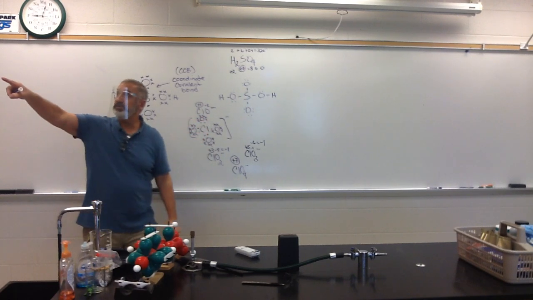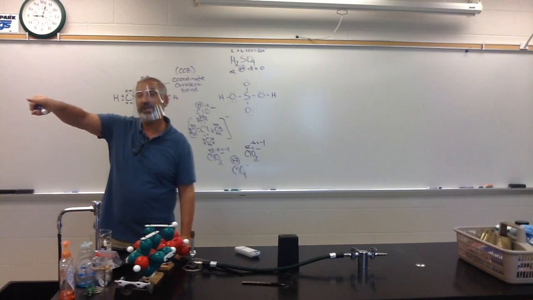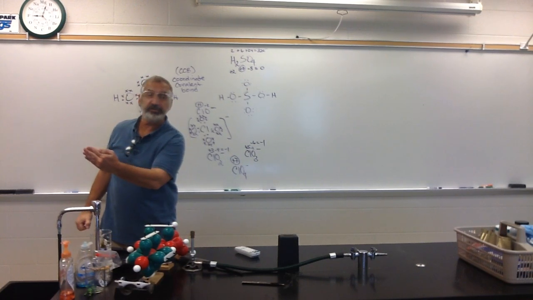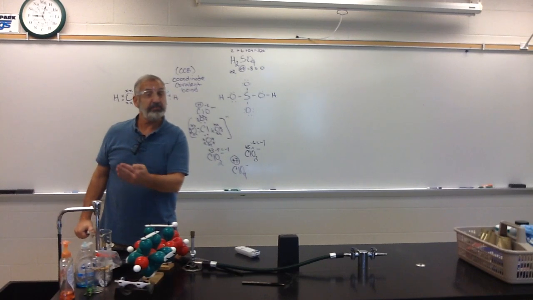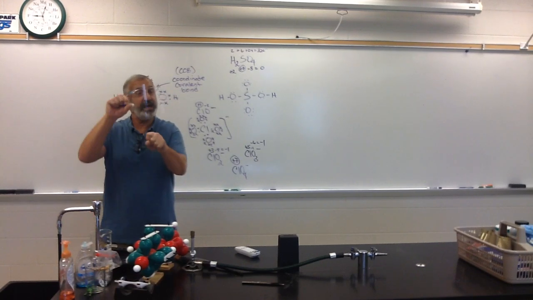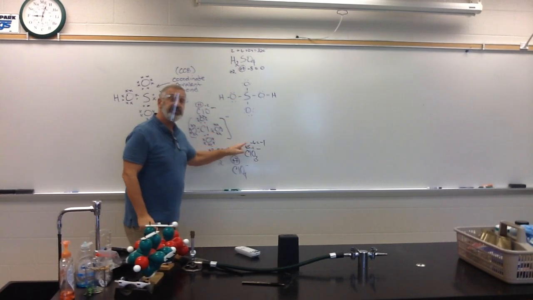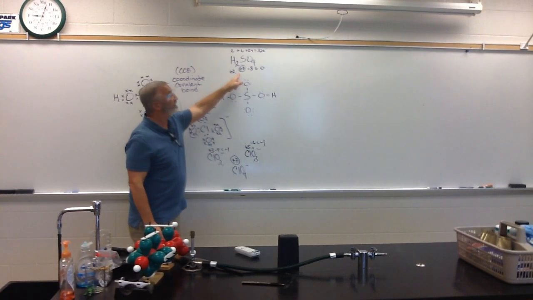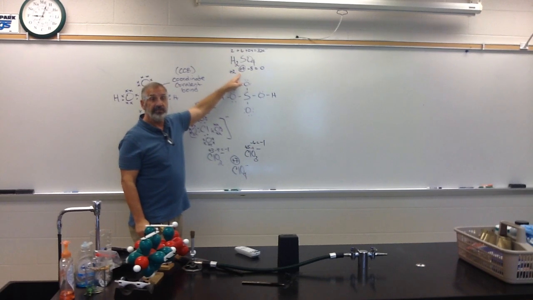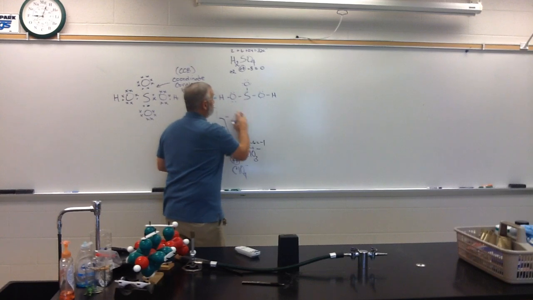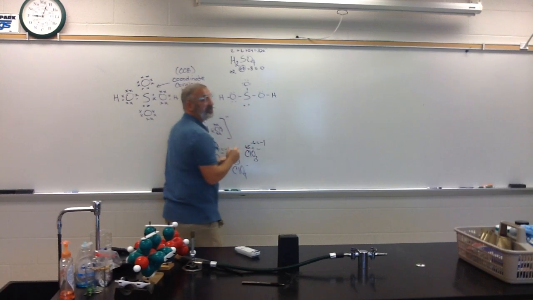Most of the nonmetals are going to have those same types of situations. They normally have the -2 for sulfur. But it can be +4 or +6 because the oxygens can come in and form these coordinate covalent bonds. It's in the +6 state here. If I was H2SO3, it's going to look like that.